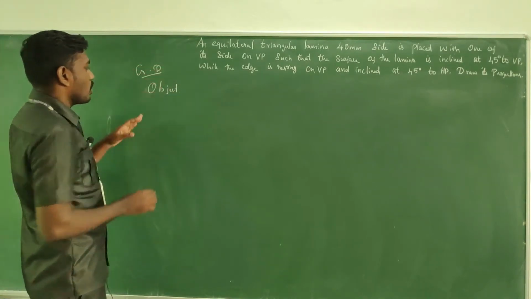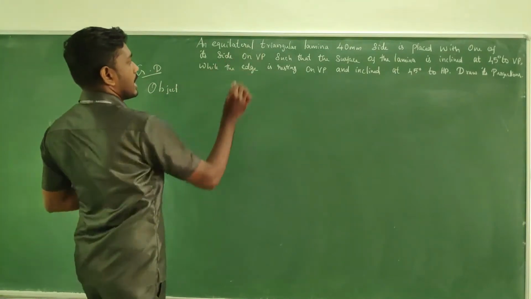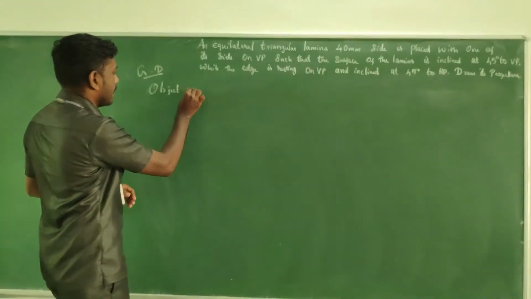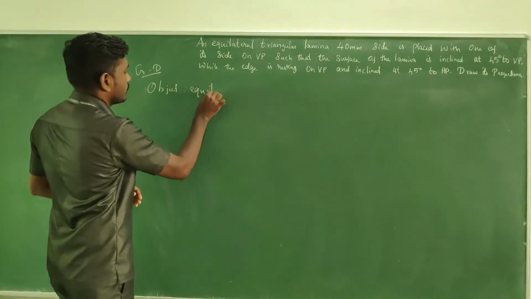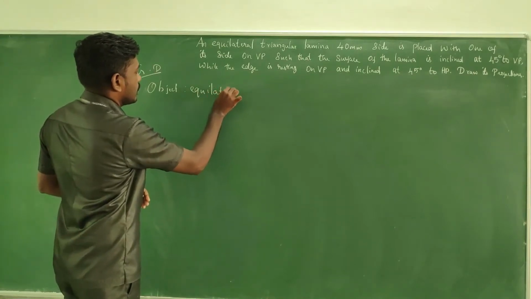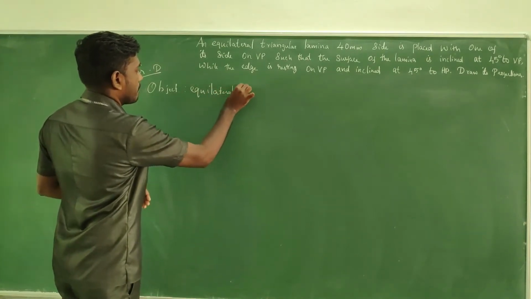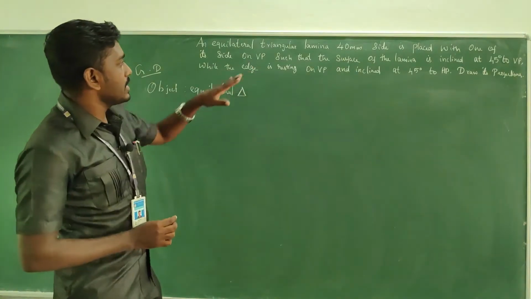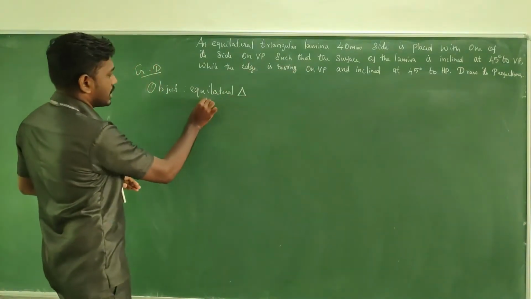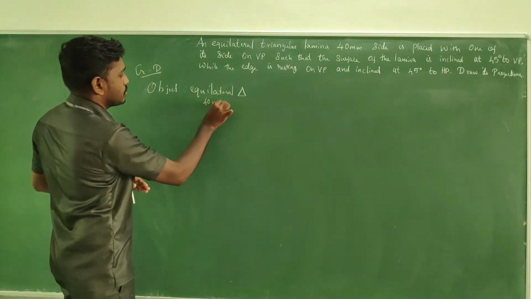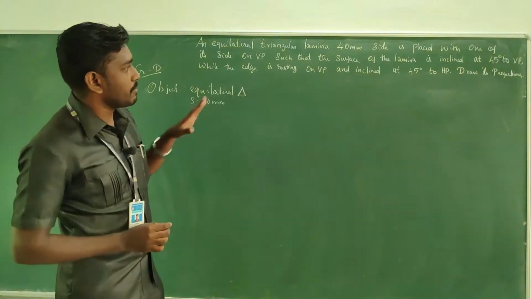In the given data, it's an equilateral triangle. Okay, fine. And its dimension is given as 40 mm side.